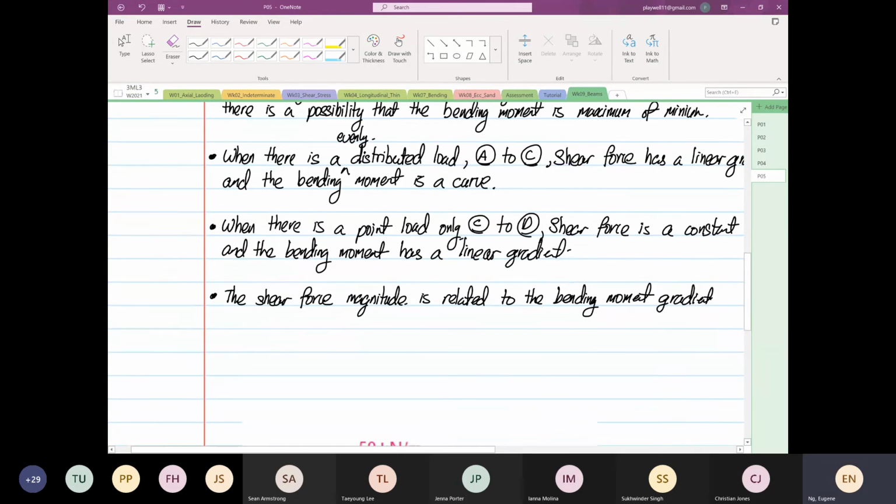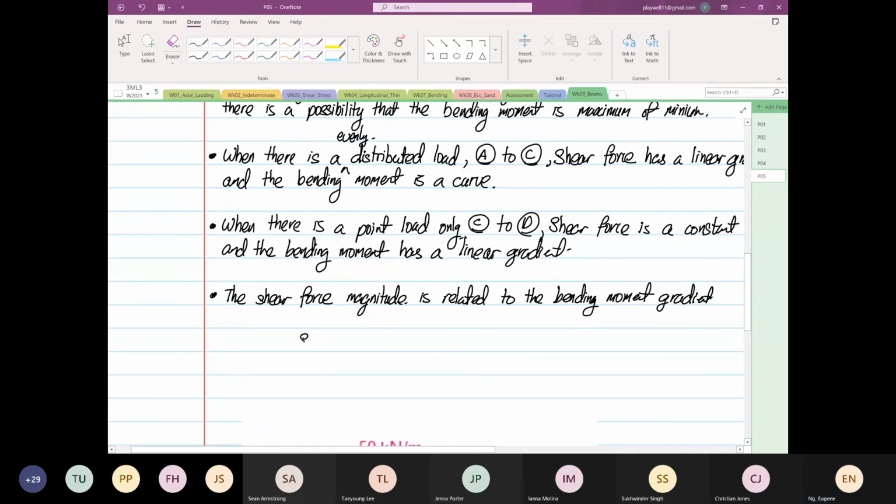So what do I mean? If we look at the shear force, and then when you look at the bending moment, so we realize, okay, bending moment.